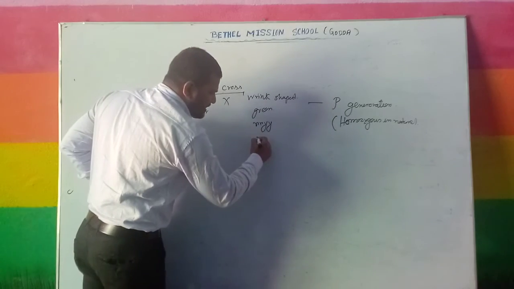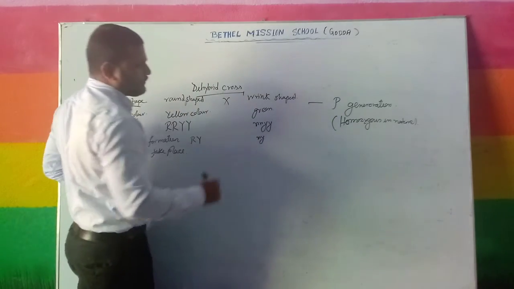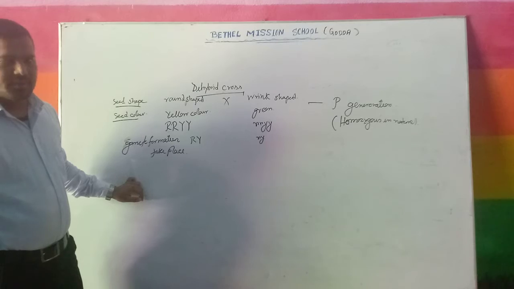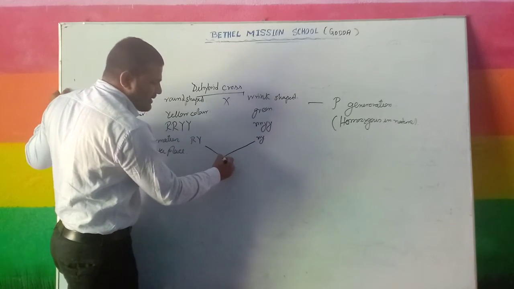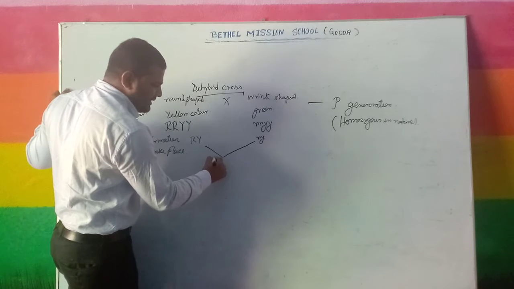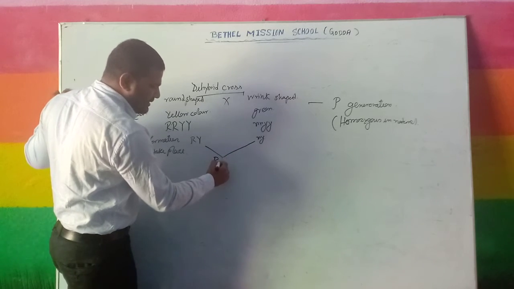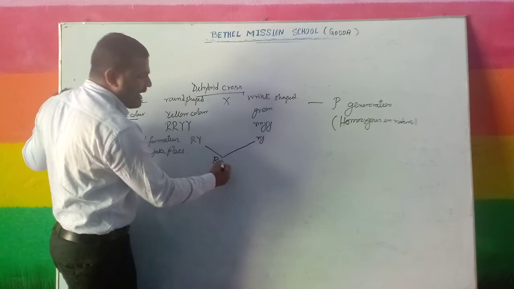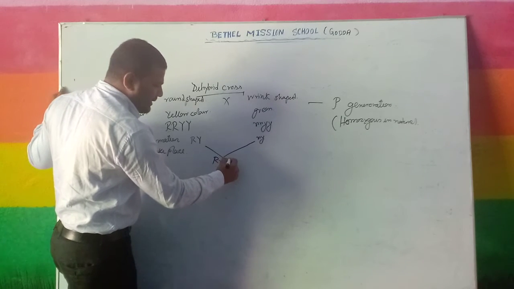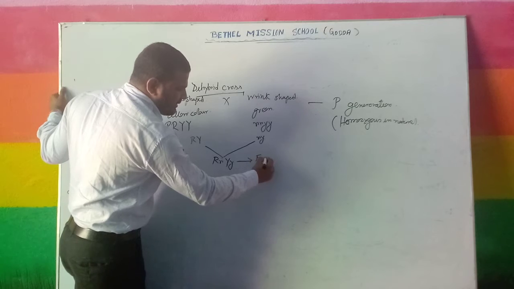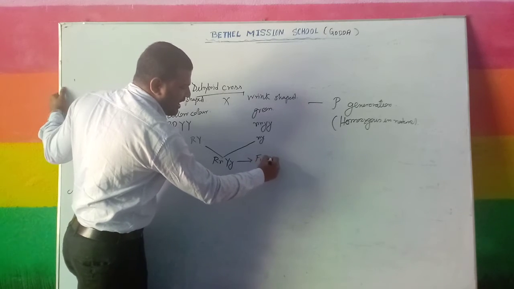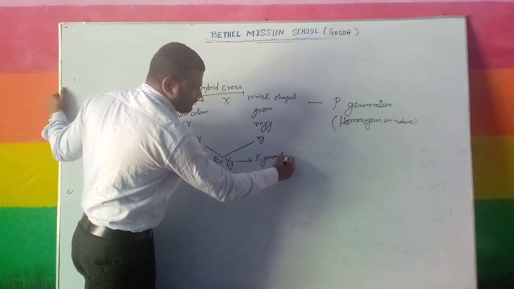Similarly, they will produce the small r and small y. Clear? Now the fertilization takes place. As a result of fertilization, they will form the F1 generation. Here, they will produce the capital R, small r, capital Y, small y. These are the F1 generation or the first progeny.